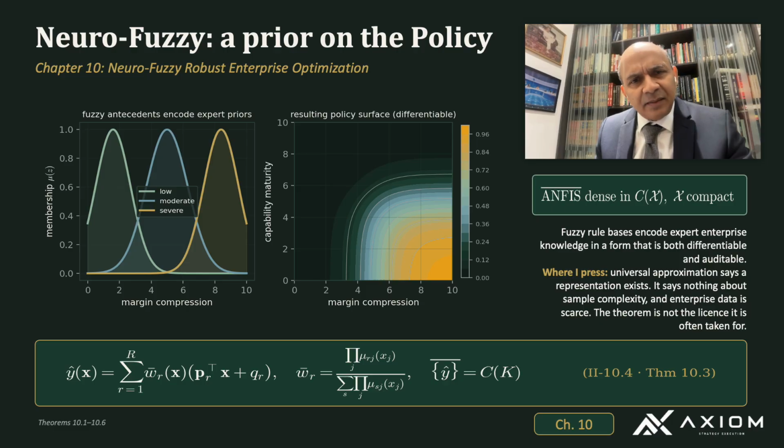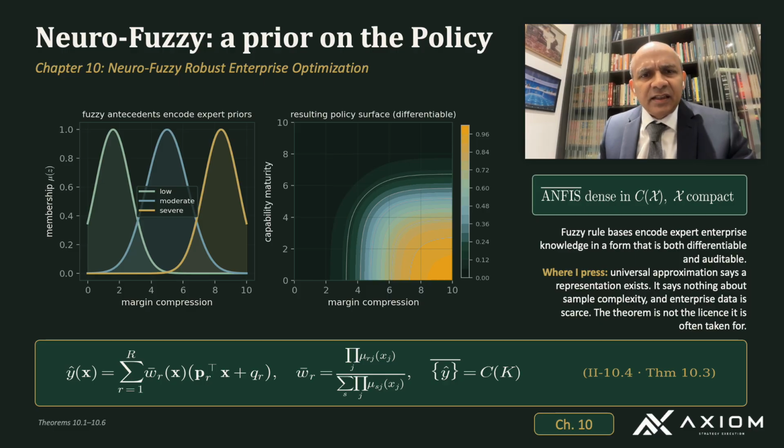Theorem 10.6 embeds it back in the GEOP, the unified neurofuzzy GEOP theorem. The unified neurofuzzy GEOP attains an optimum, contains deterministic and crisp robust GEOPs as special cases, and can approximate any continuous enterprise policy arbitrarily closely with correspondingly small loss in satisfaction accuracy.